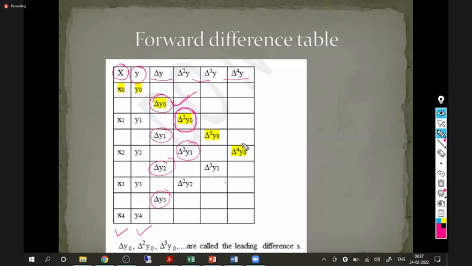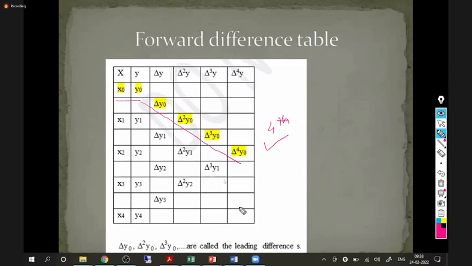So the maximum, a fourth order difference, exists for the first pair given. But for y1 only 3 differences exist, for y2 only 2, for y3 only 1, and for y4 that difference does not exist.